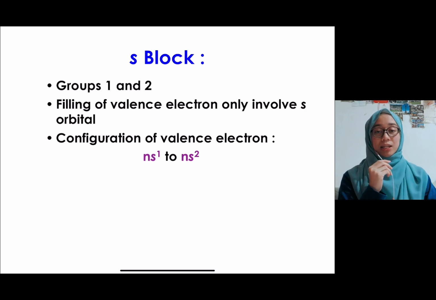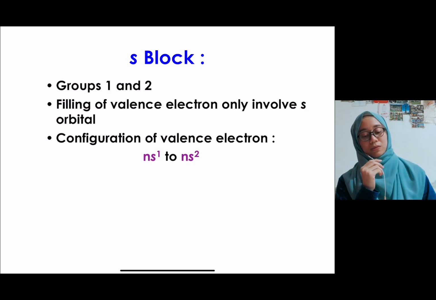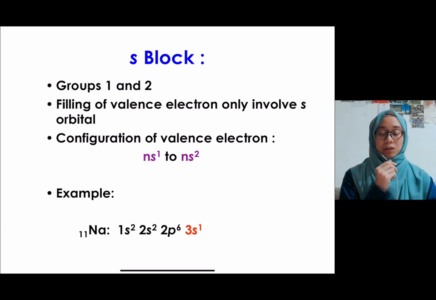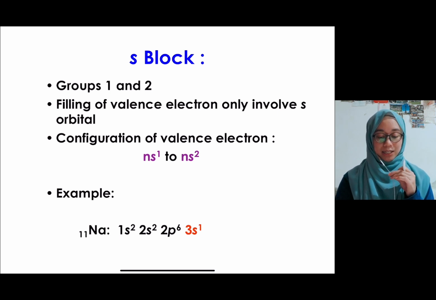Depends lah, depends. Kalau kita tengok example macam sodium. So sodium 1s2, 2s2, 2p6, 3s1 kan. So secara generalnya untuk yang sodium ni dia punya valence electronic configuration dia adalah ns1 lah.